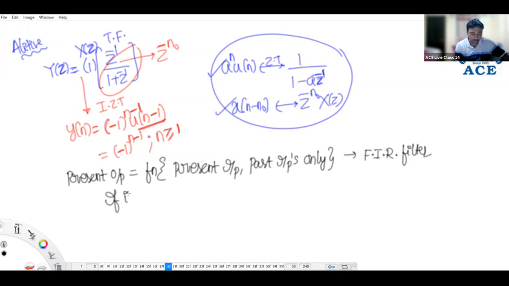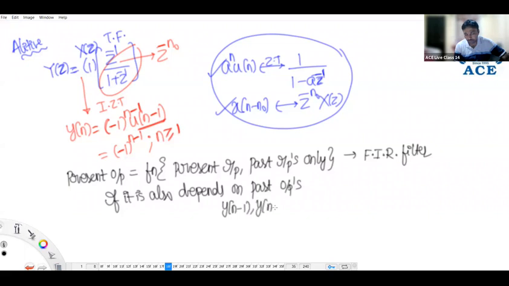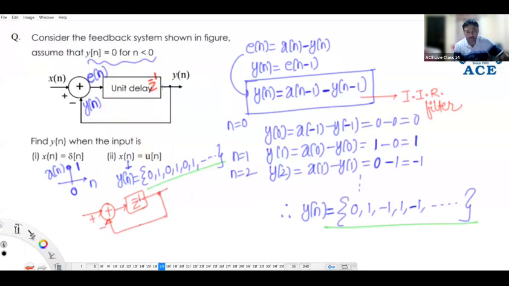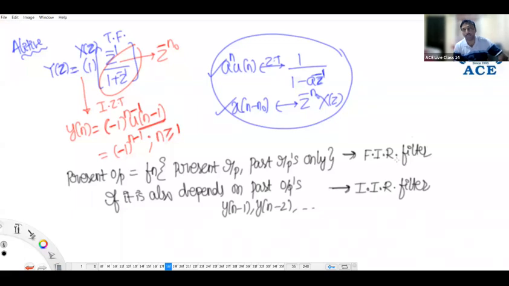If it also depends on past outputs, meaning y of n minus 1, y of n minus 2 and so on, then it is treated as an IIR filter. Only a combination of inputs is FIR. If it also depends on past outputs, it is IIR. IIR filters are implemented recursively, but FIR filters are implemented only non-recursively, with no feedback.